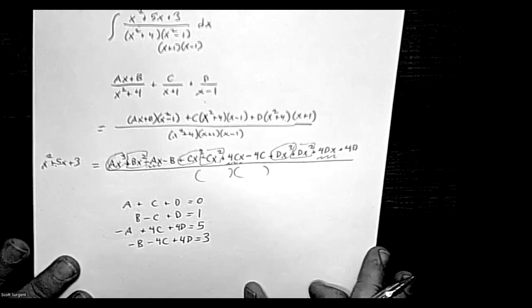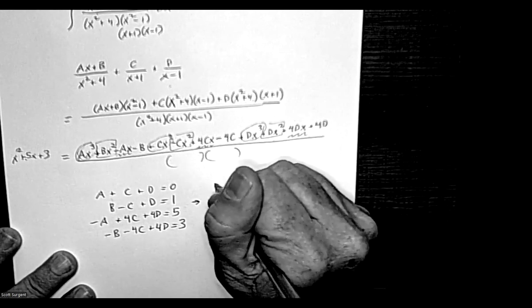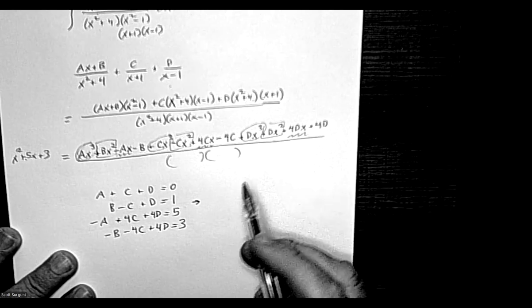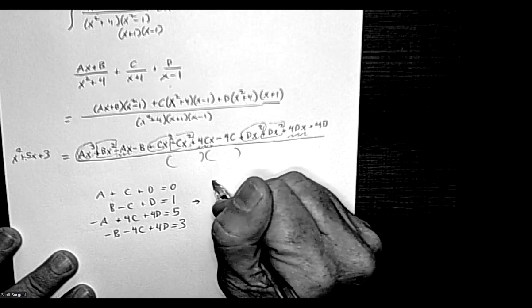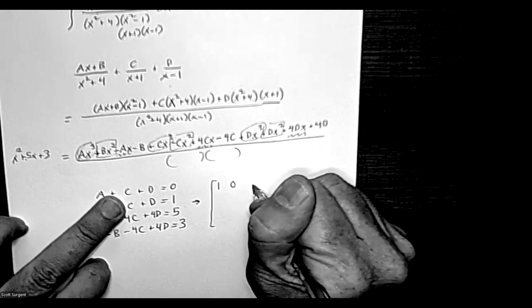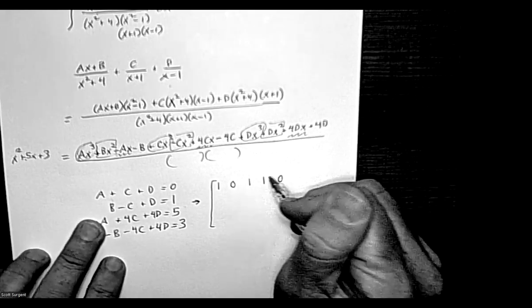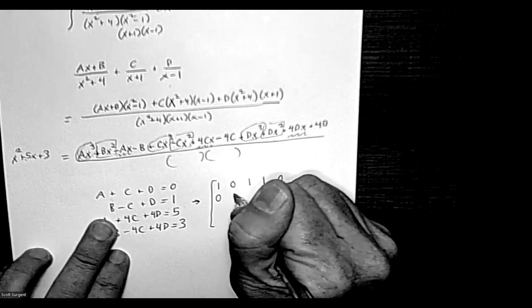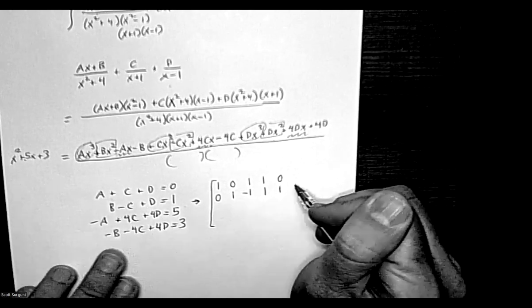Okay. This is a matrix. All right, what I'm going to do is write it in matrix format. Now, I'm going to have to do some zero filling. On the top, I have 1A, no B's, 1C, 1D, and a constant that's 0. On the second row, I have 0 A's, a B, a negative C, a D, and that has to make the 1.